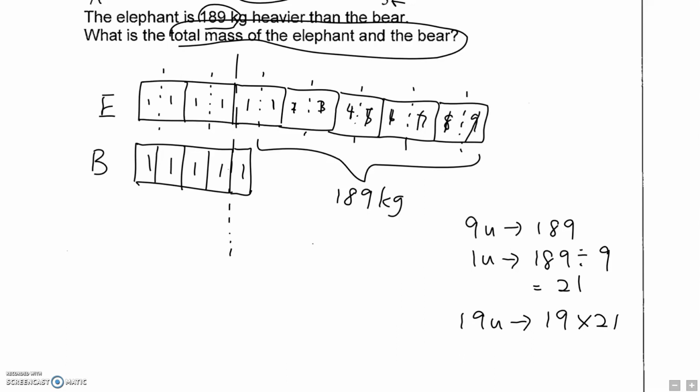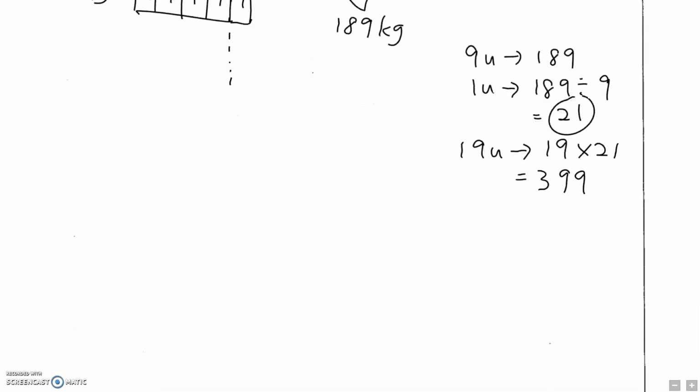Multiply, each unit has 21 kg. Answer 399 kg. Okay, the answer you realize is the same as the previous question, 399 as well. If this kind of things ever happen in the exam, do not panic. So long you have very nice numbers like this, 189 divided by 9 doesn't give you a decimal, you are safe. Okay, alright, now let's do one question.